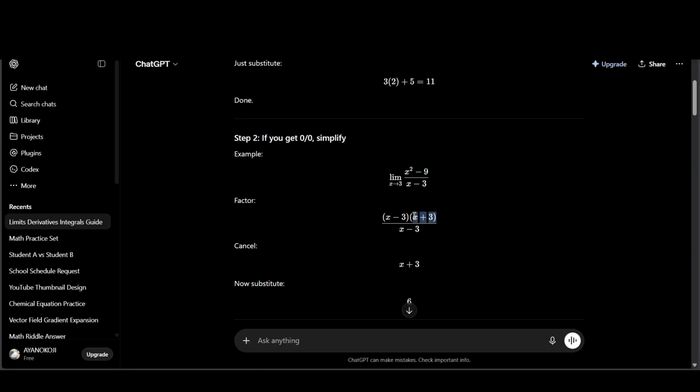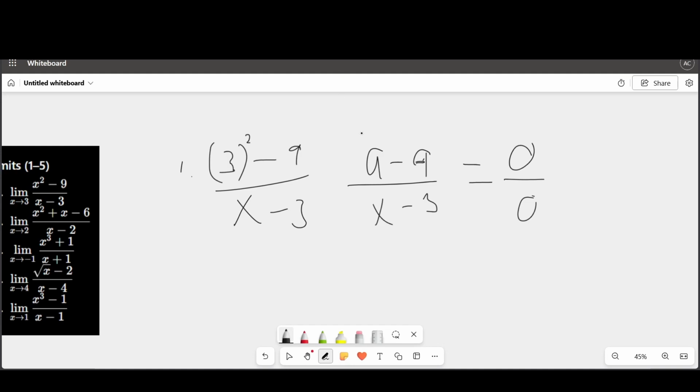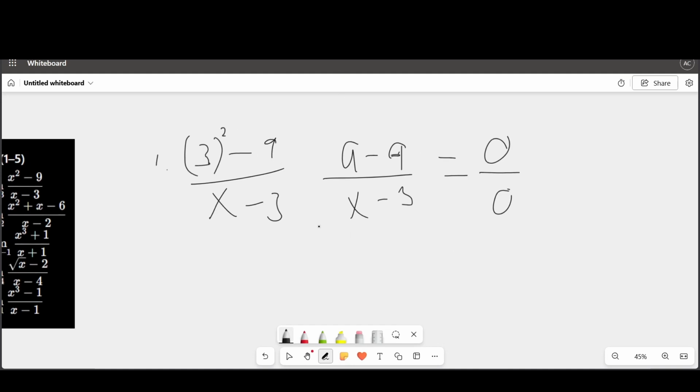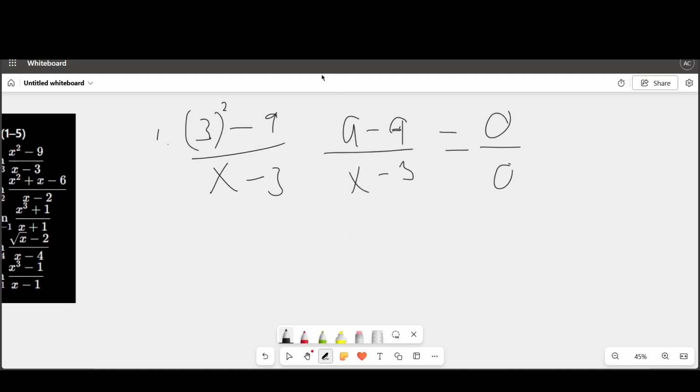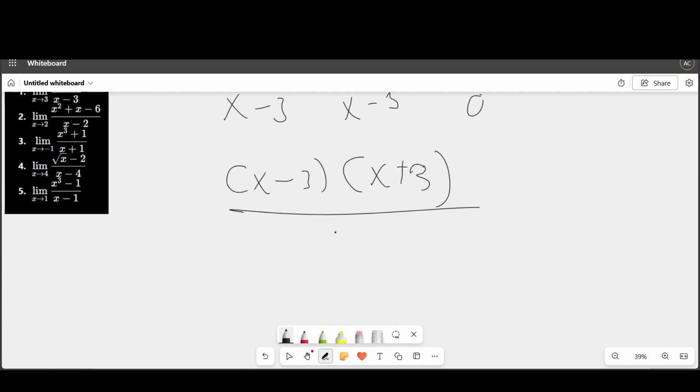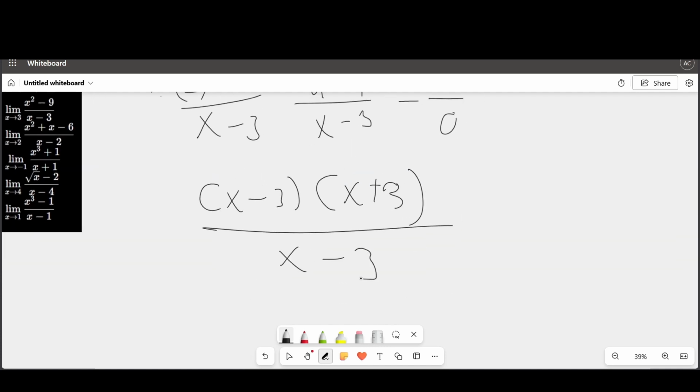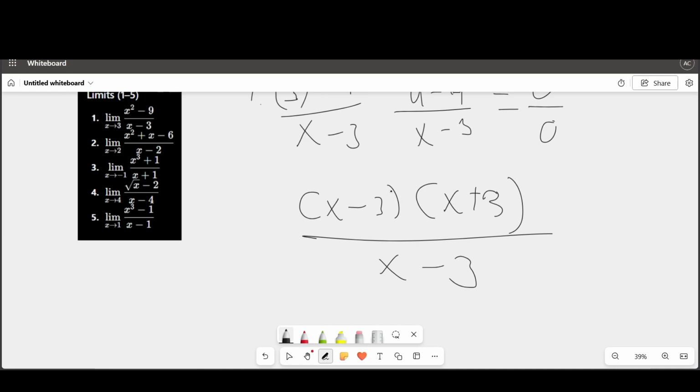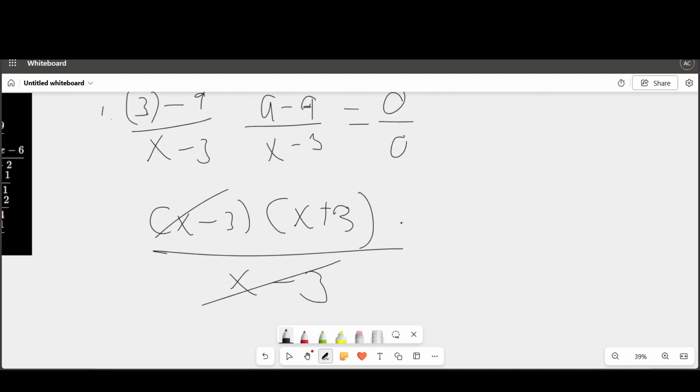Yes, that multiplies to negative 9. It's going to be negative 3, and the factored form would be (x minus 3) times (x plus 3). So we just have to cancel the similar terms. Then we're going to be left with x plus 3.